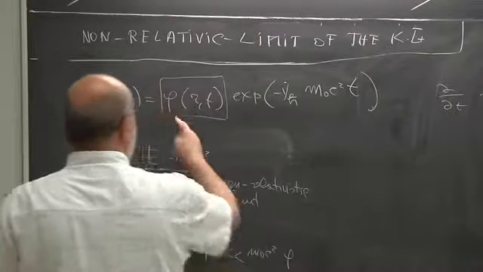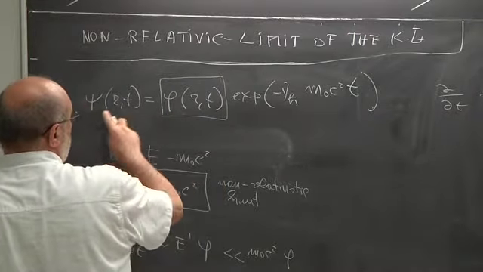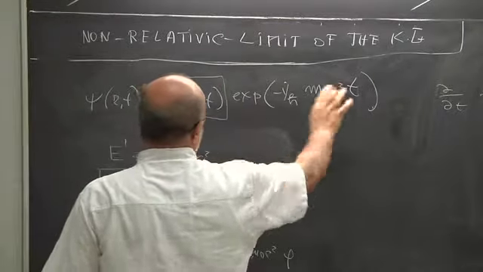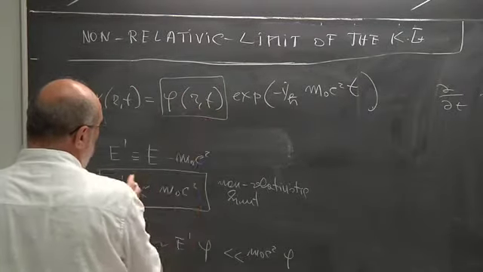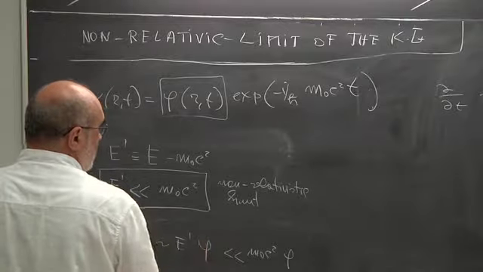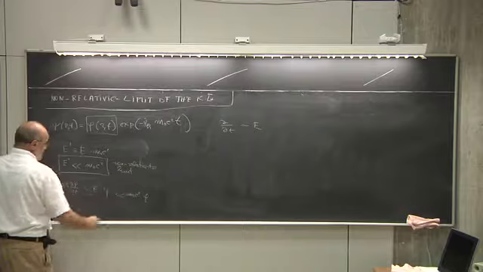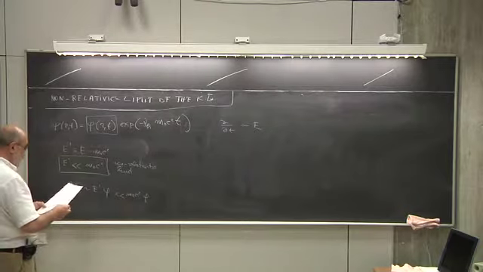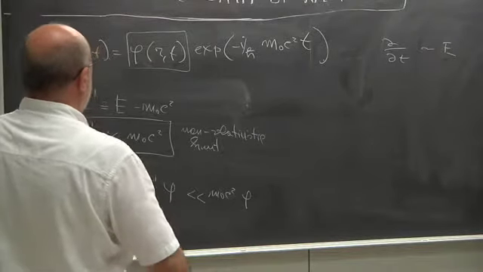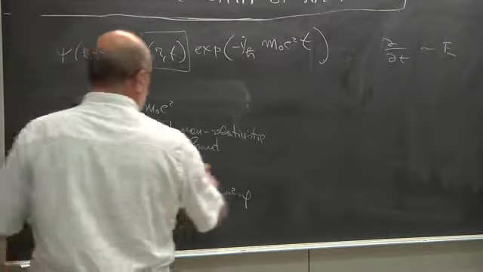So here I have factored out already the mass energy. So this object will go only with the kinetic energy. So I expect that it will go like this. And this is much less than this number. So let's keep this in mind.